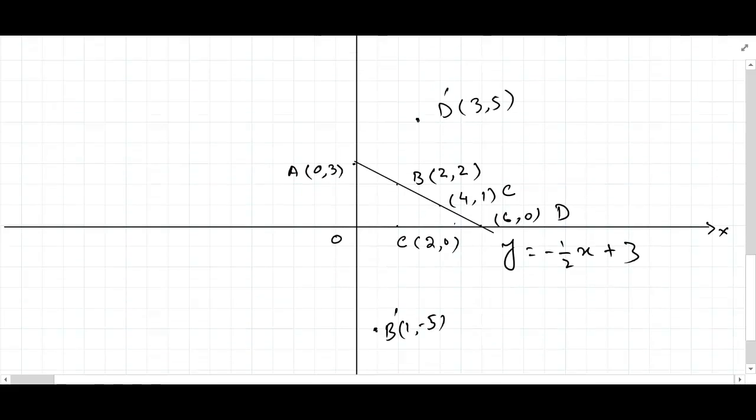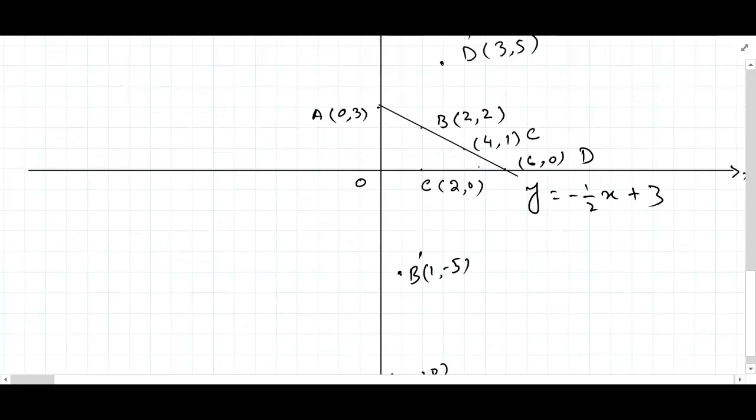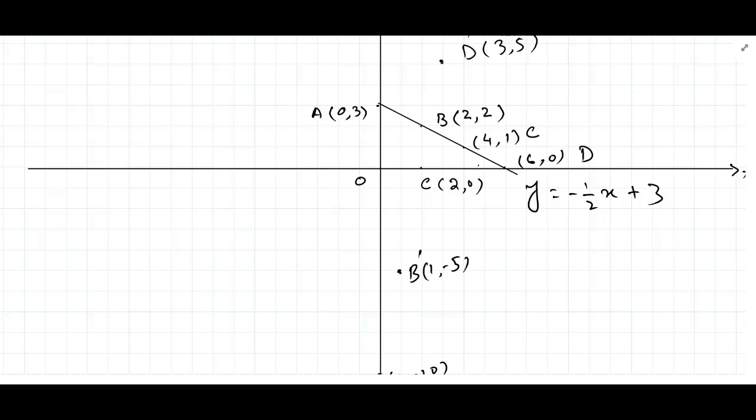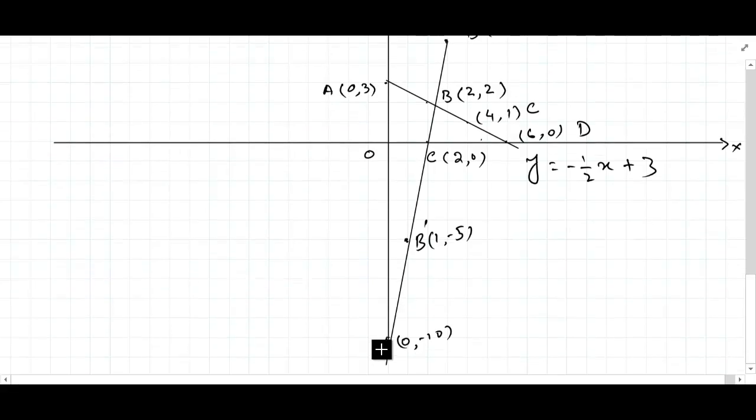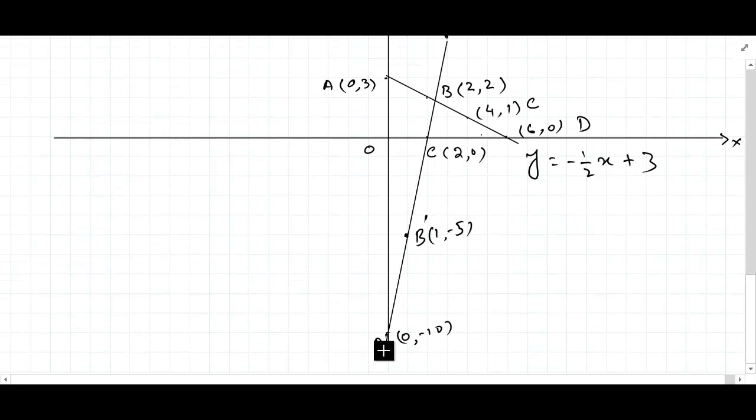Now we have enough points to visualize a straight line through them. Let's draw another straight line through these points, and all these points are on the line.